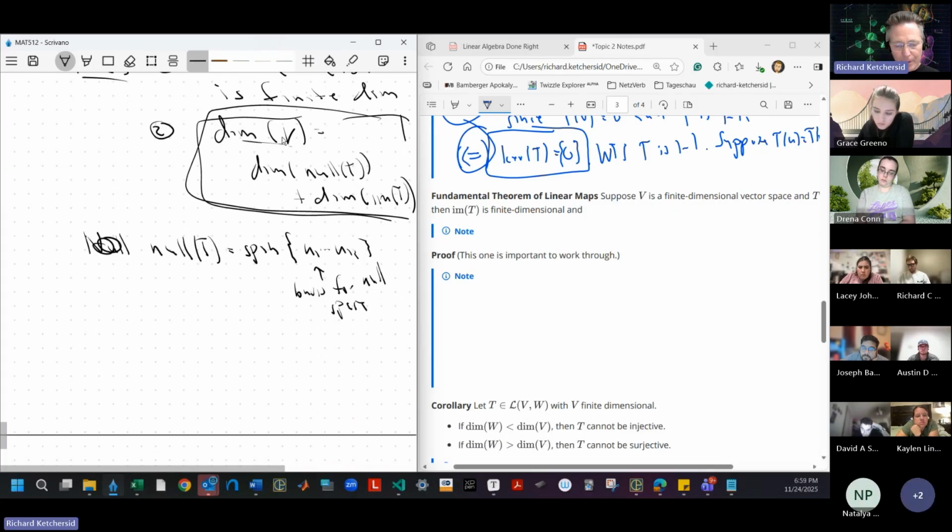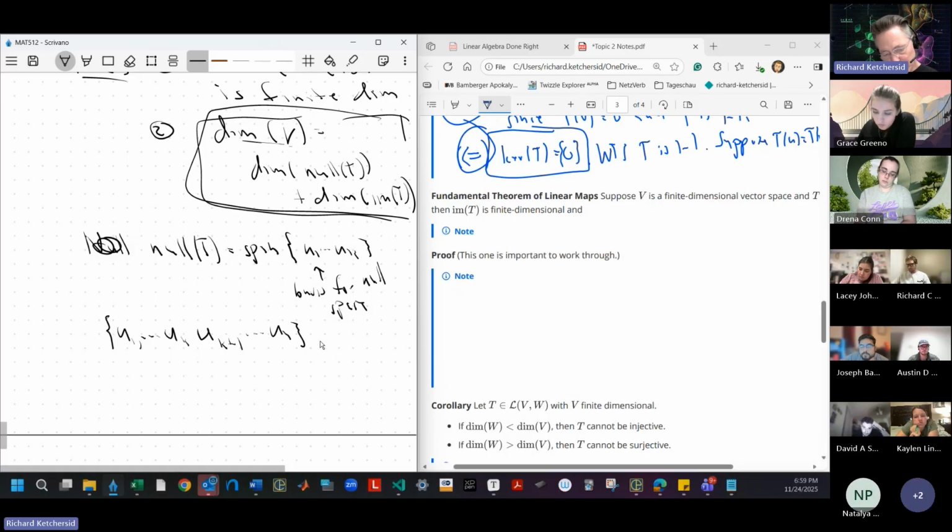I want to get something about the dimension of V. I've got these many vectors, an independent set. What can I do? I can extend that to a basis of all of V. So I'm going to take u1 through uk and extend this with uk+1 through un, say V is n-dimensional.